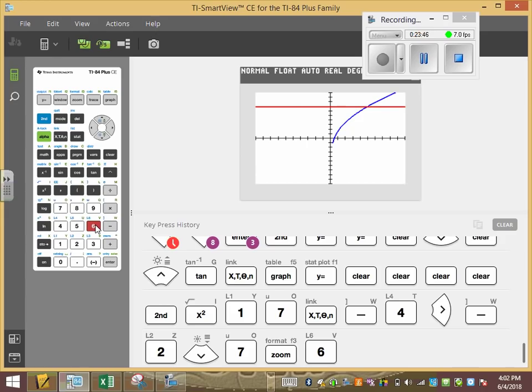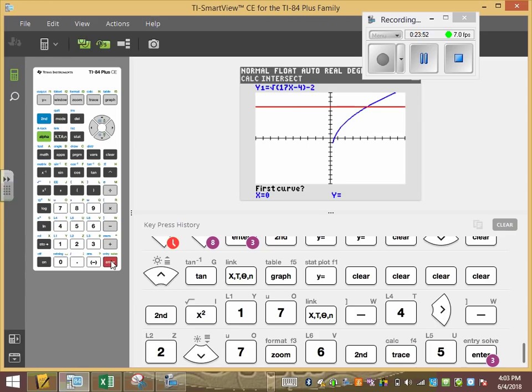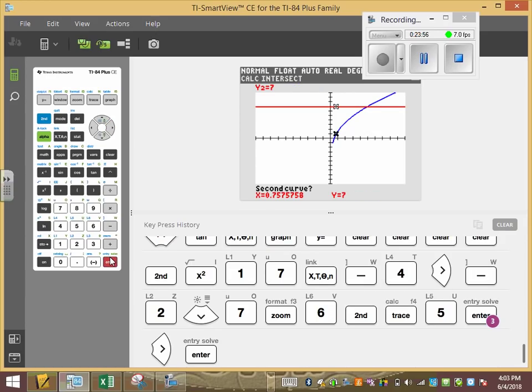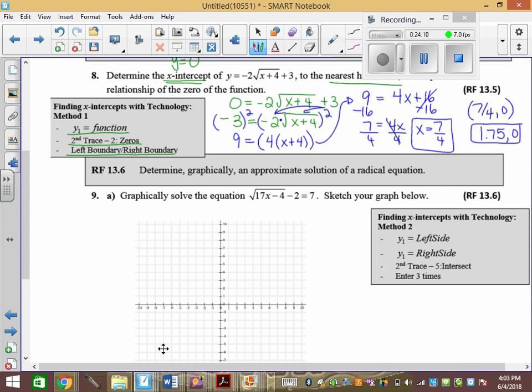And I can do this whenever I have an equation with one variable and an equal sign. Second trace 5. Enter, enter, enter. I need to get onto a curve here. There we go. Enter, enter, enter. And it's at (5, 7). I don't care about the y. That's where the right-hand side is, that's where y2 is. It's at 7. I care about the x. So this intersects at 5. So that's showing you how to do it with your calculator.